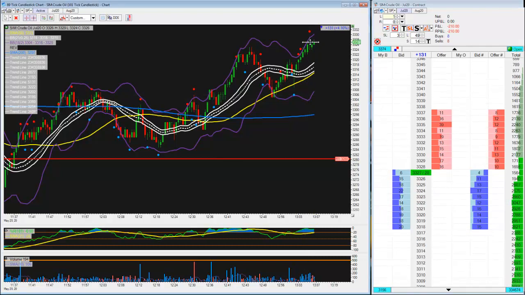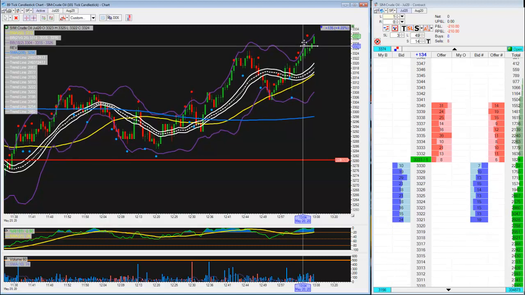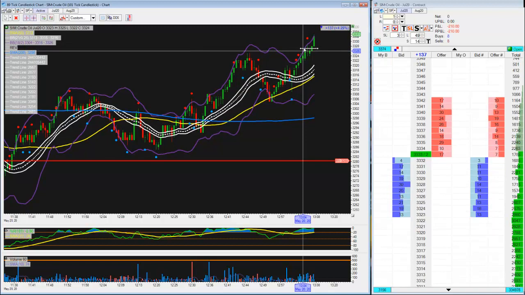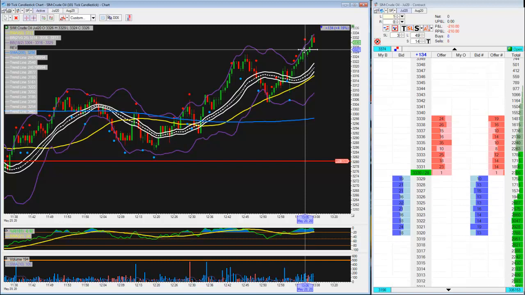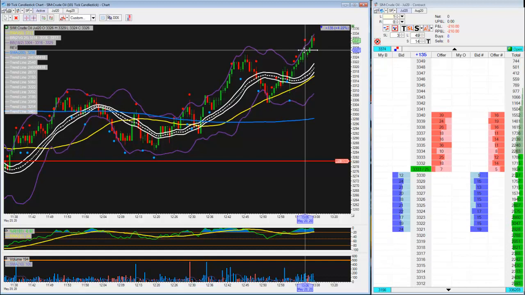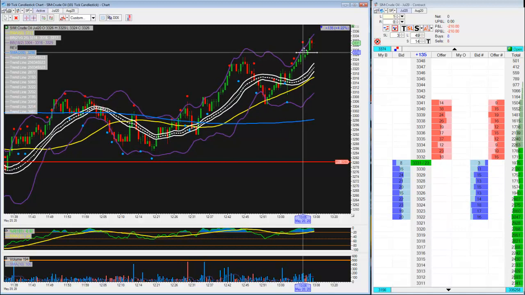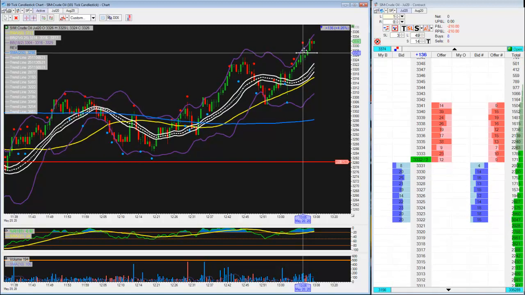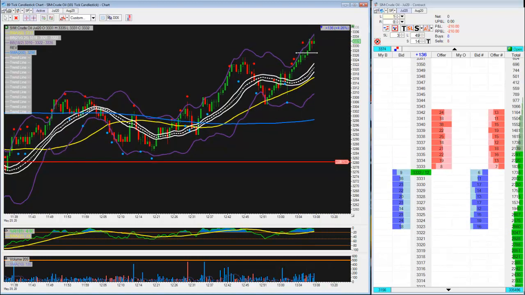Not a huge fan of buying period. So a stop at that would be 33.27, 14 ticks under. Be 33.14.